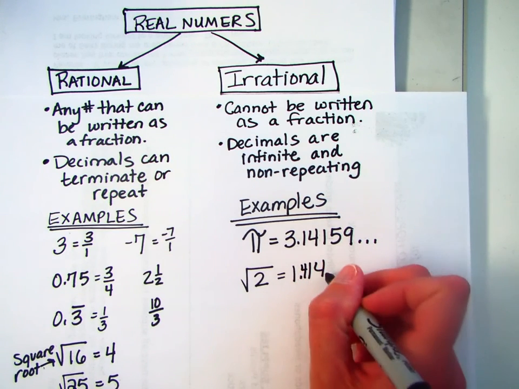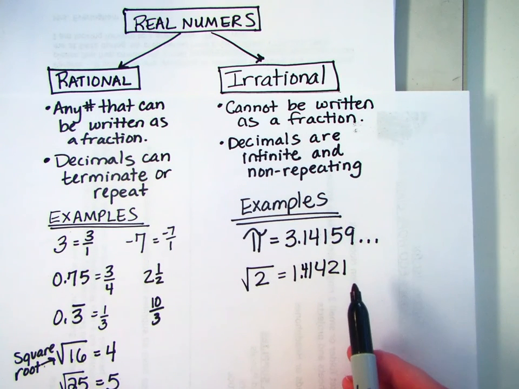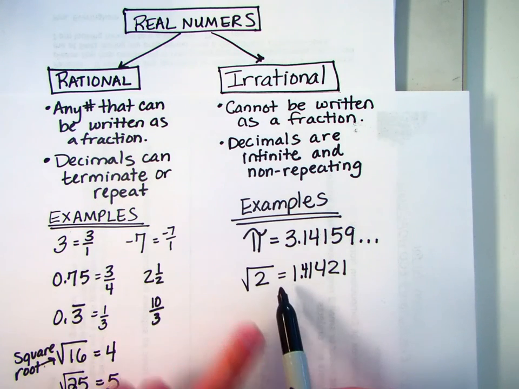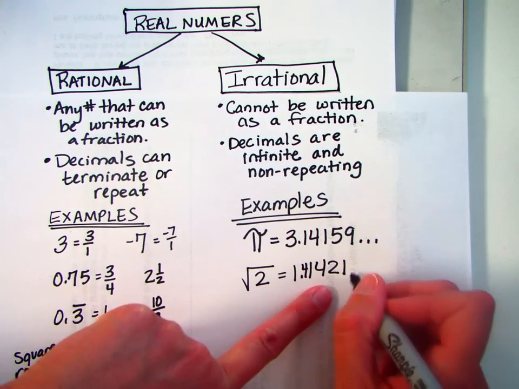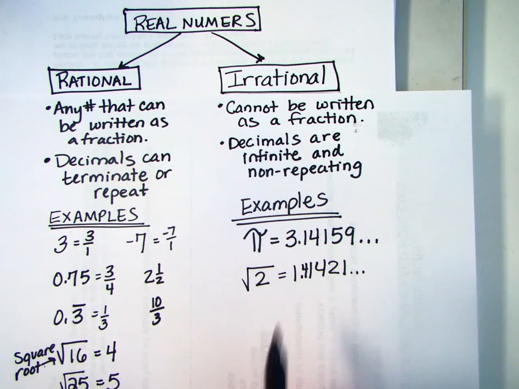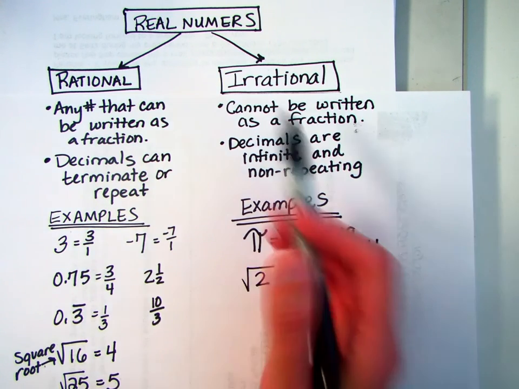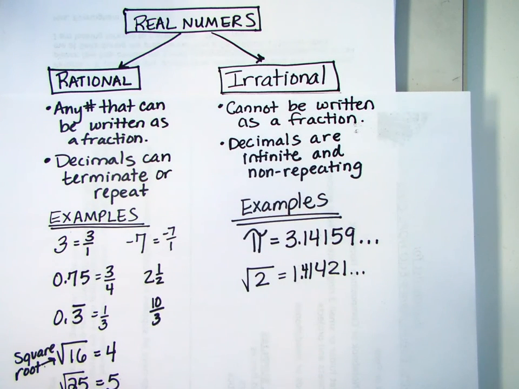Now the calculator does stop because it ends up rounding it and cutting it off. It can't fit this whole number. But if it's coming out to a decimal, this decimal continues on. It is infinite. So you need to know that if you're getting a decimal when you do the square root on the calculator, that it falls irrational. It goes on. It's non-repeating, and it goes on forever.